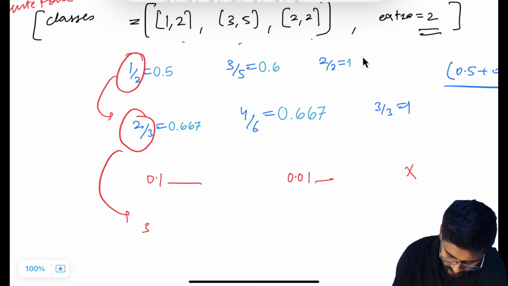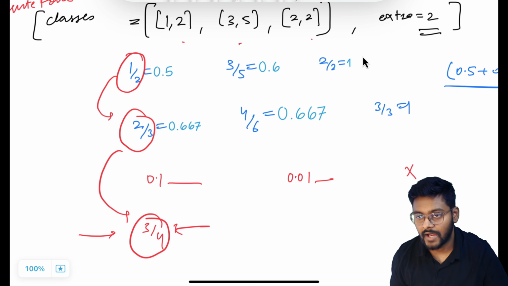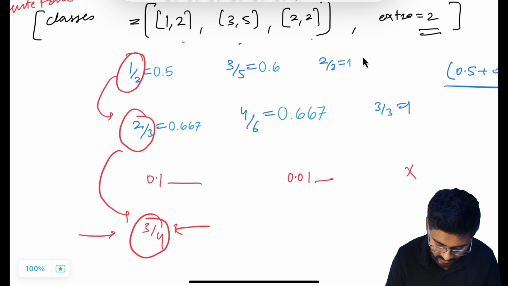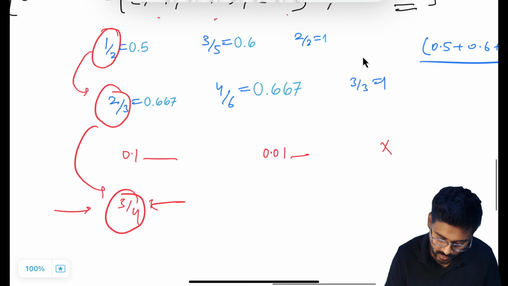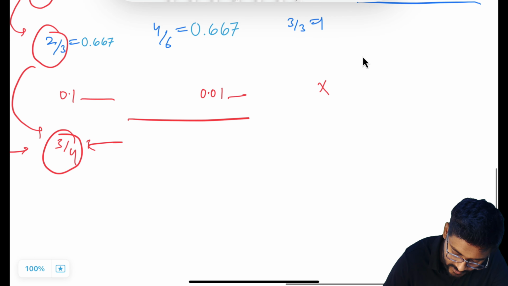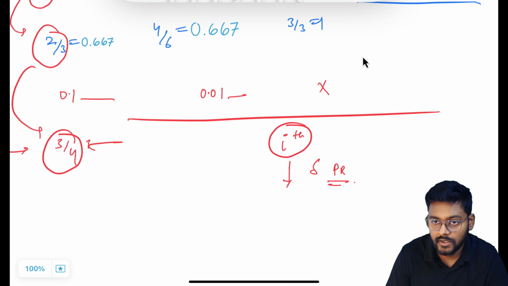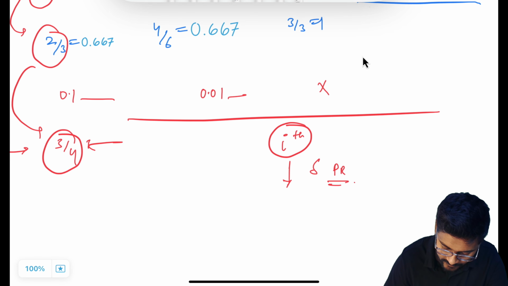After that it will become 3 by 4. Both the values are getting changed. So we have to check it, instead of directly and blindly saying that it will be my answer. So what I'm saying is that every step you need to see what is that ith class which is giving me the maximum delta in passing ratio if I add one brilliant student to that class.